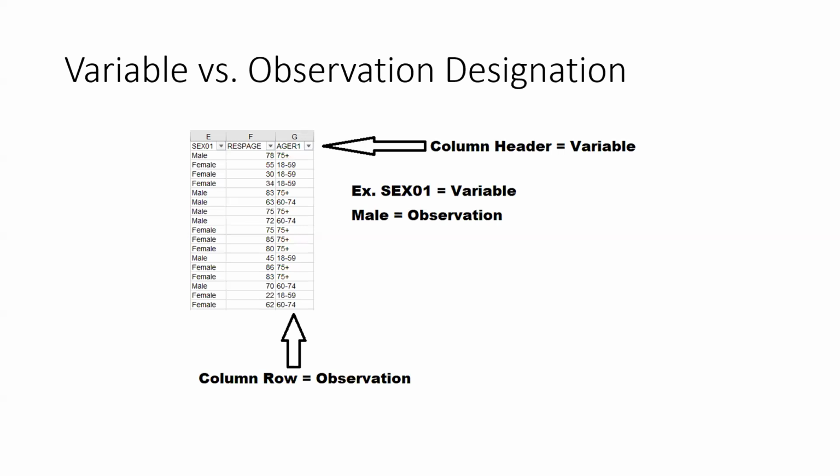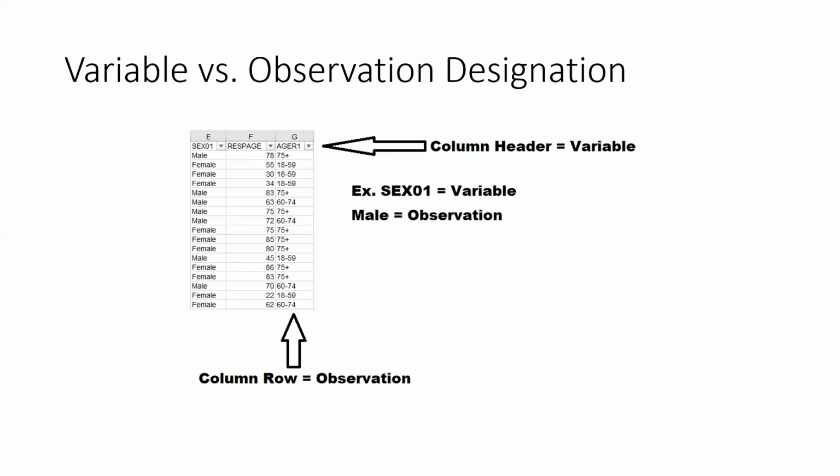So first thing I want to do is make you familiar with the definition of variables and observations, variable and observation designation. Now, when you're in an introductory class, you probably refer to the left to right uppermost row as just simply rows, and E, F, and G are columns.